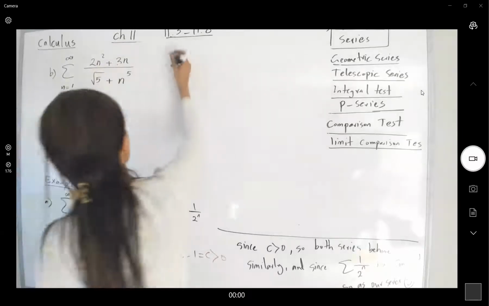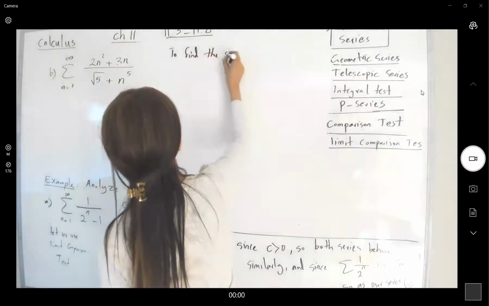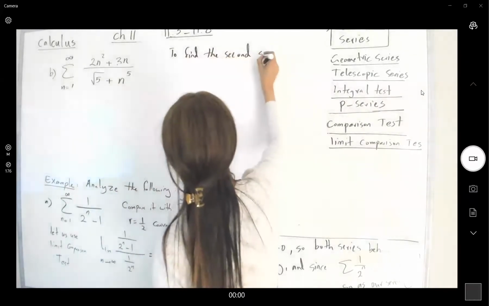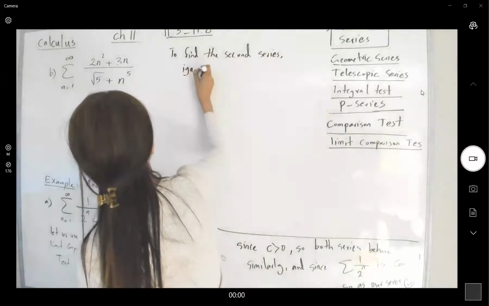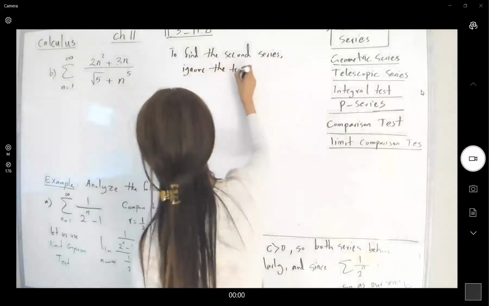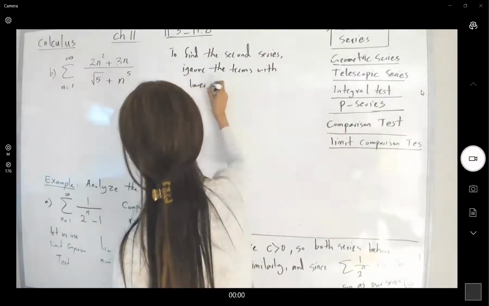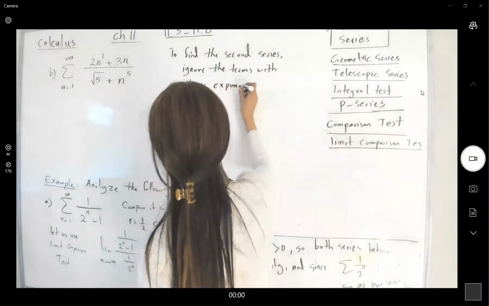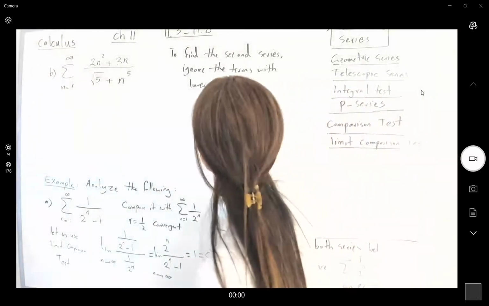So to find the second series, ignore the terms with lower exponents. On the numerator, I end up with 2n squared.